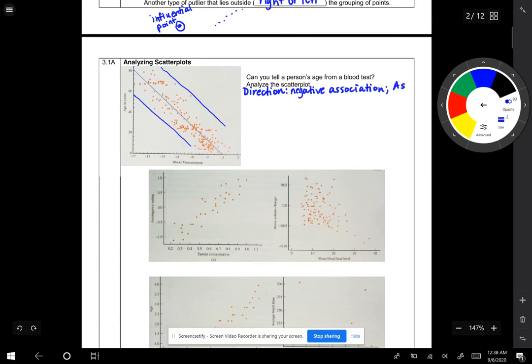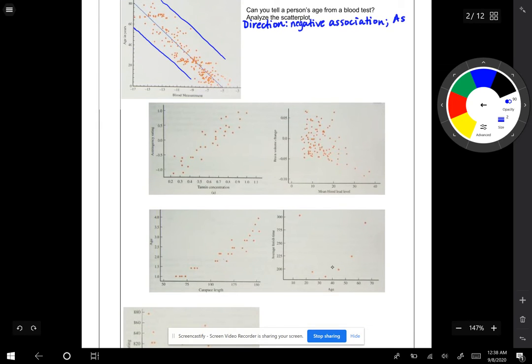So as blood measurement increases, age decreases. Now let's look at outliers. No visible outliers or influential points. Things are pretty grouped together, so you'd want to mention that.